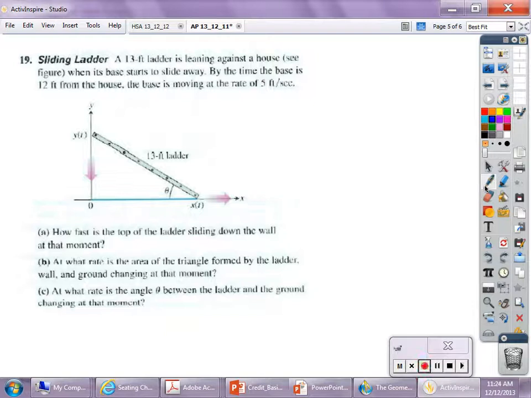Okay, so part C. At what rate is the angle between the ladder and the ground changing? Most people try to use tangent because my example had tangent. It's a right triangle with a theta. What should your mind be thinking? SOHCAHTOA, which has 3 options. If you pick this option, they're both variables that keep changing.